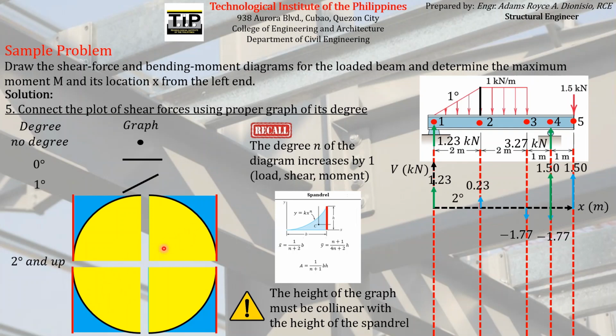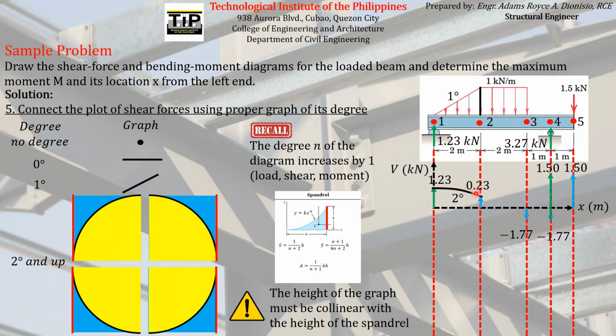Between these two and these two, the graph that has the height of the spandrel on the right side is obviously this one. This is the spandrel, this is the height, the red line. So if we want to connect this point to this point, we connect them using this kind of curve. It will look concave downward because this is concave downward.